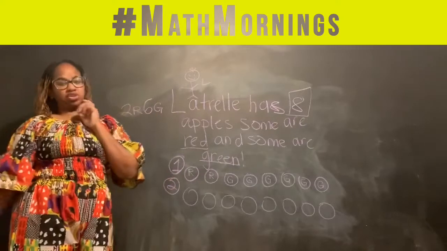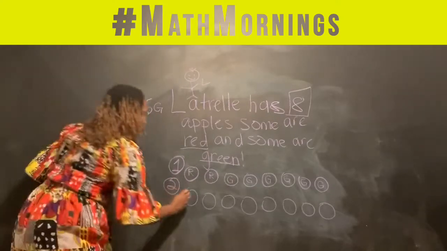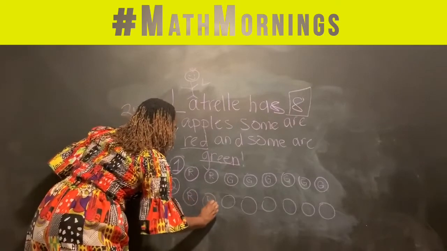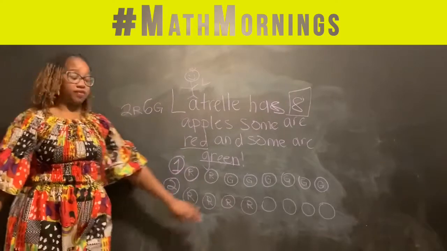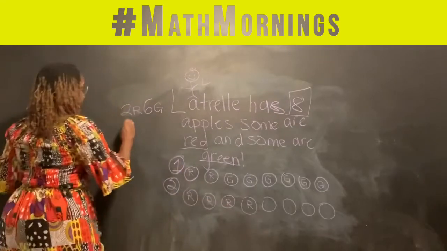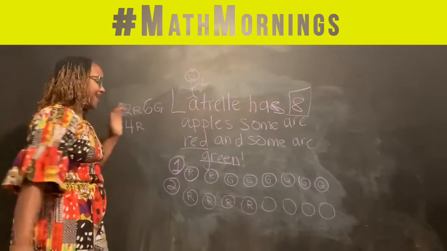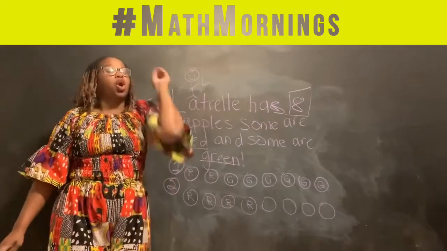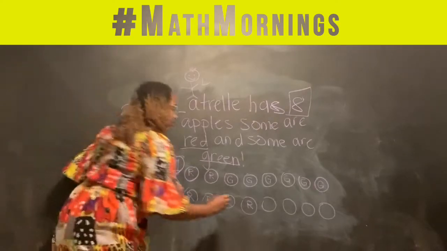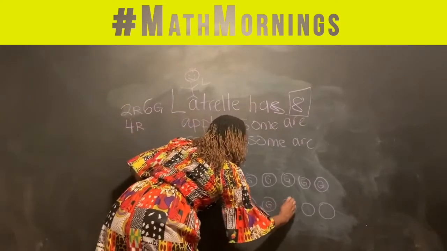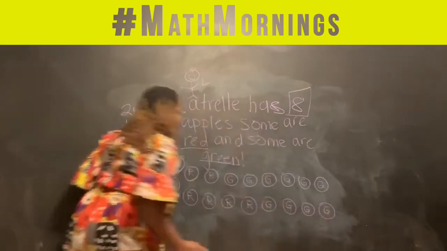What if I gave Latrell 4 red apples? Let's see. 1, 2, 3, 4. Okay? So I'm giving him 4 red. Go ahead and write that right here. 4 red. Now, how many green would he have if he had 4 red? Let's see. 1, 2, 3, 4.